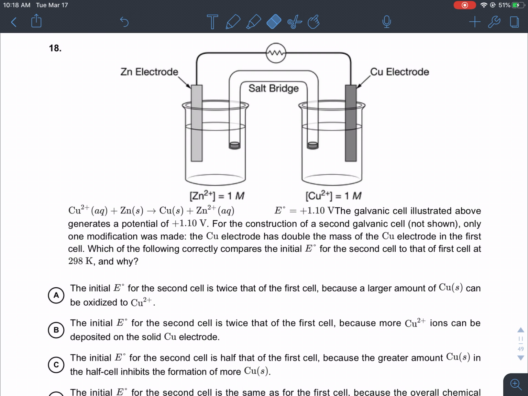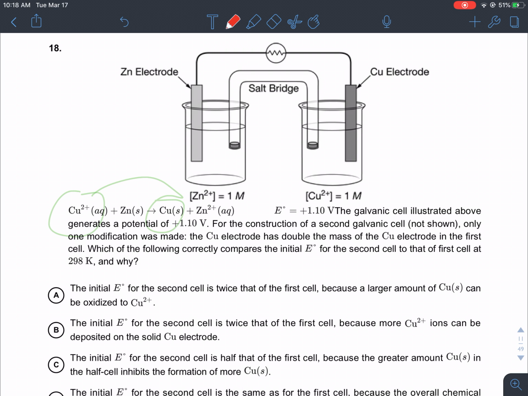For the construction of a second galvanic cell, not shown, one modification was made. The Cu electrode has double the mass of the Cu electrode in the first cell. Which of the following correctly compares the initial E cell for the second cell to that of the first cell? Let's check out what's happening with the Cu. This is telling you that the Cu is gaining electrons.